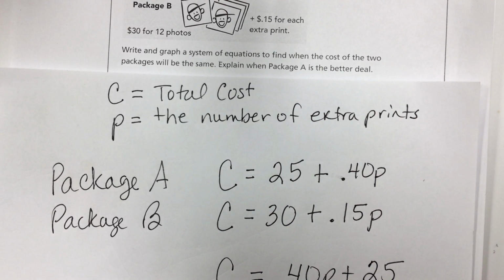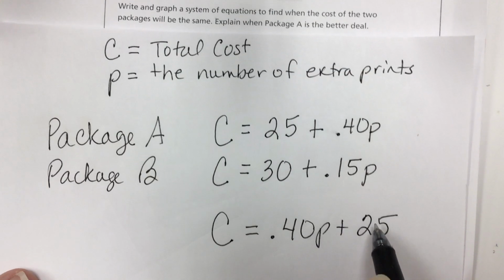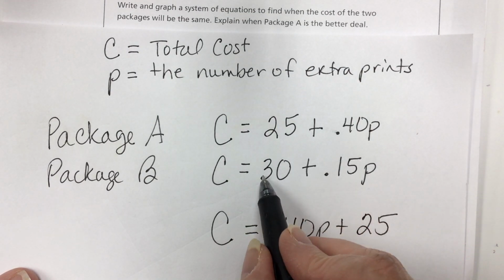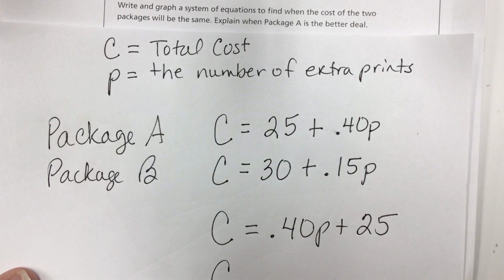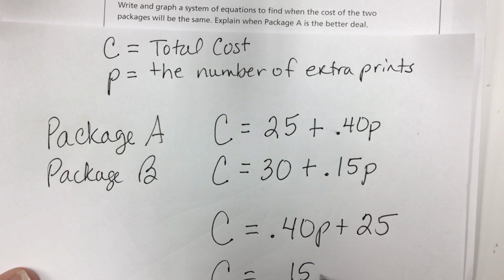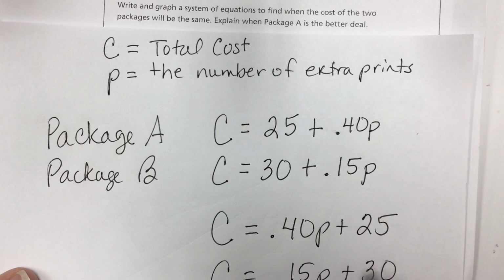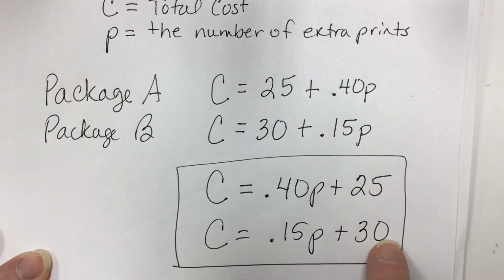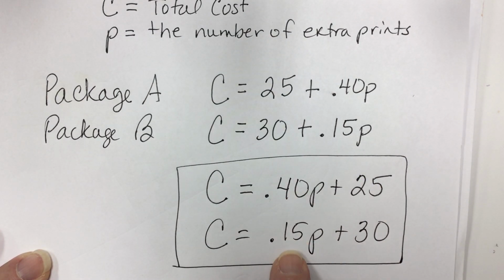So now we'll have a slope and a y-intercept. And for package B, I'm going to put 0.15P and 30 at the back. So I have C is equal to 0.15P plus 30. Okay? So I've got them in the form of y equals mx plus b. These back two numbers would be the y-intercepts. 0.40 and 0.15 are your slopes.